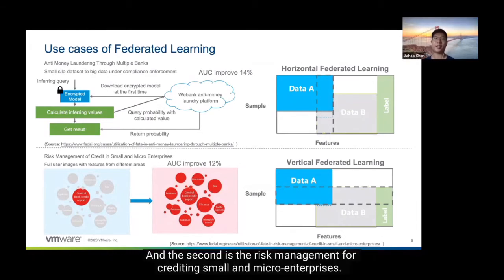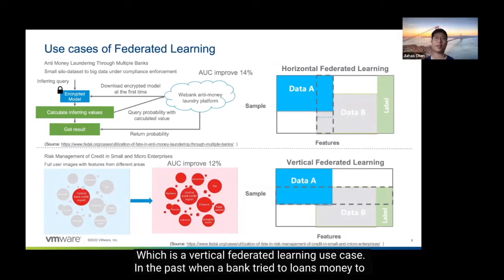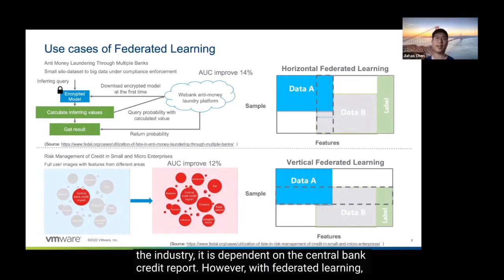And the second is risk management for predicting small and micro enterprises, which is a vertical federated learning use case. In the past, when a bank tried to loan money to the industry, it depended on the central bank's credit report.